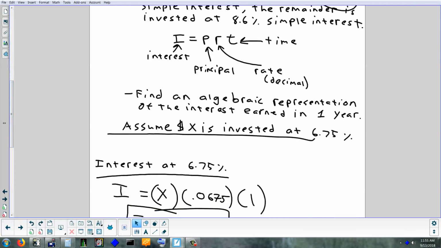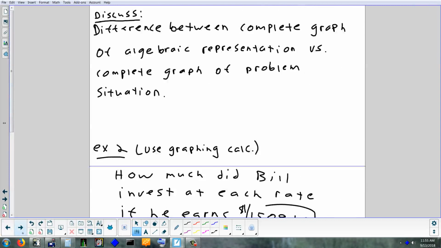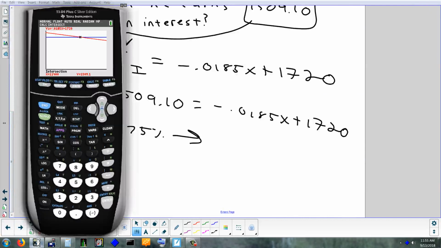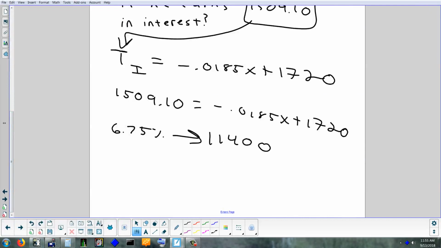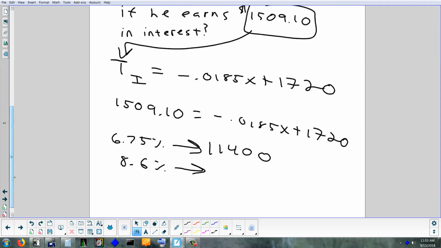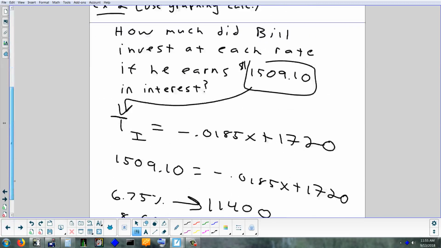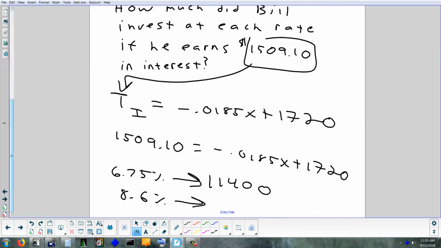Let's go back. X is the amount of money at 6.75%. Was it 11,400? So if Bill invested 11,400 at 6 3/4, how do I figure out how much he invested at 8.6?